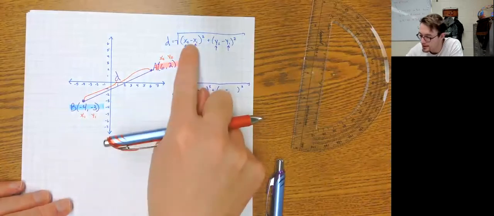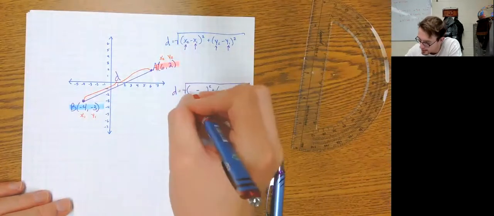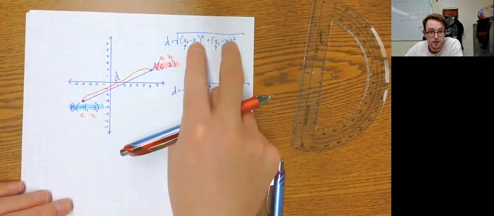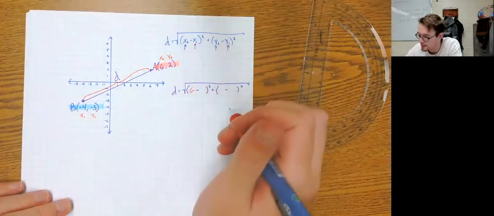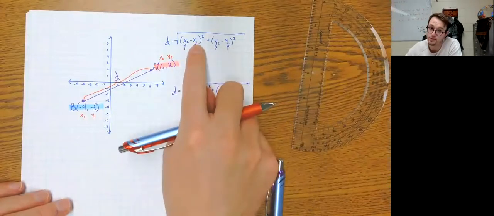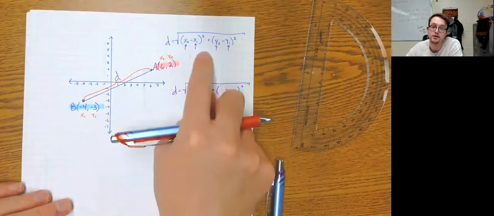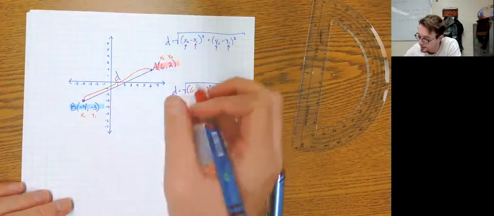So when I substitute, okay, x sub 2, I need to substitute that in first. So this is going to be a 6. Okay, now I need to substitute in x sub 1. So x sub 1 is a positive 2. Wait. No, it's not. See, you've really got to pay attention. It's down here. So x sub 1, that's a negative 4. X sub 1 is negative 4.